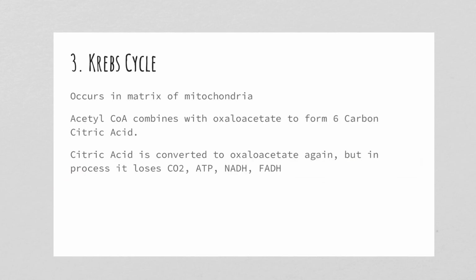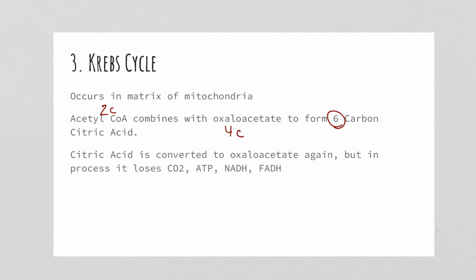Once you get into the mitochondria, into the matrix, that middle part of the mitochondria, the acetyl-CoA is going to join up with a 4-carbon molecule called oxaloacetate. Acetyl-CoA has 2 carbons, so that 4 carbon and the 2 carbon, hopefully you can do a little math, will equal 6 carbons altogether.